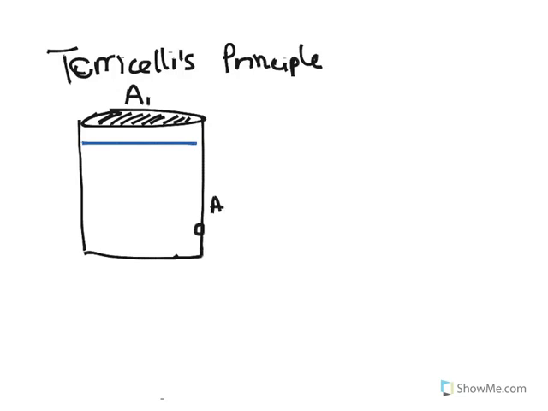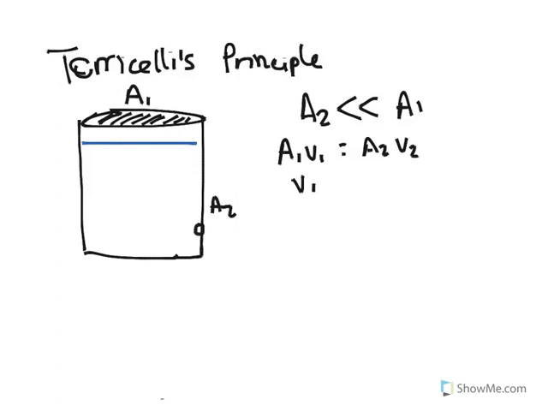This area 2 is very small compared to area 1, which means that in the continuity equation, the velocity at point 1 is very, very small compared to velocity 2, so it is negligible, and you can state that velocity 1 tends towards 0.